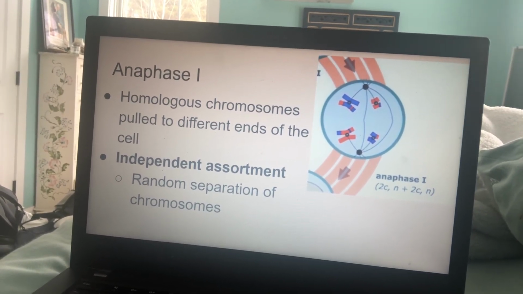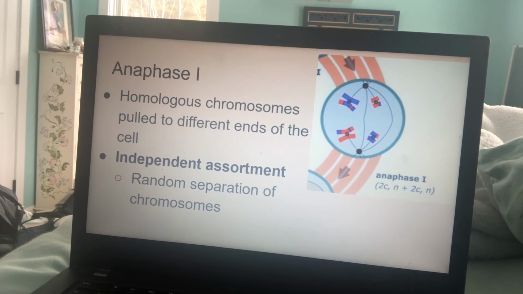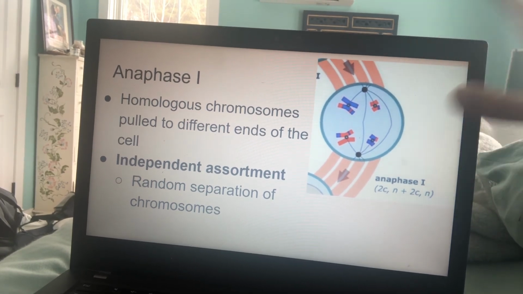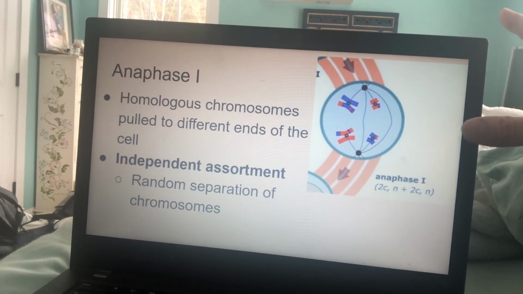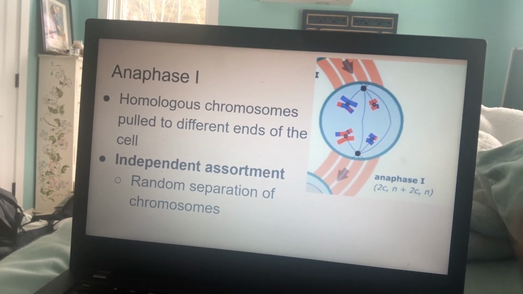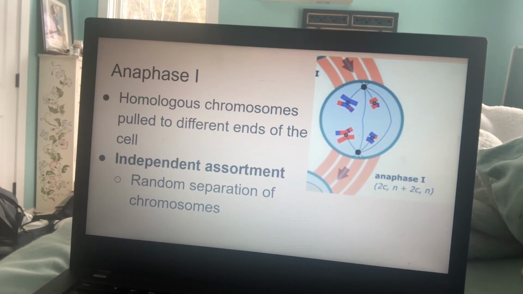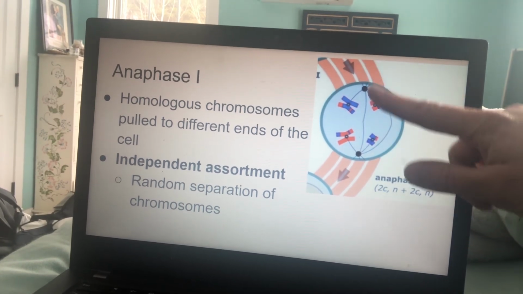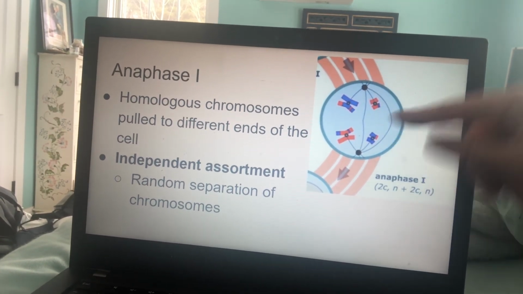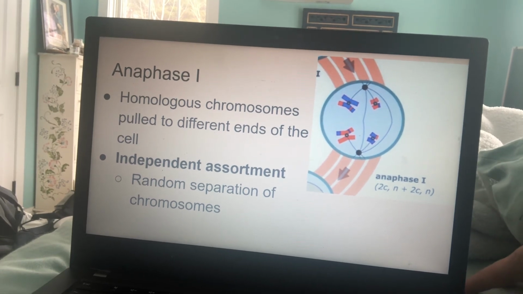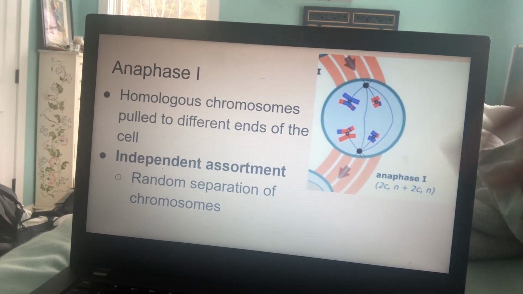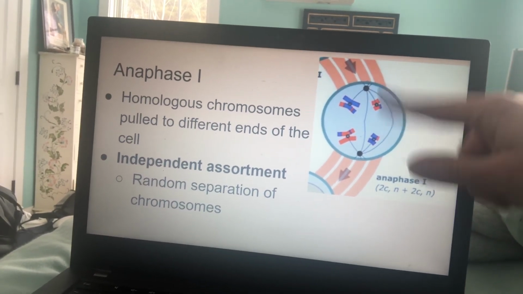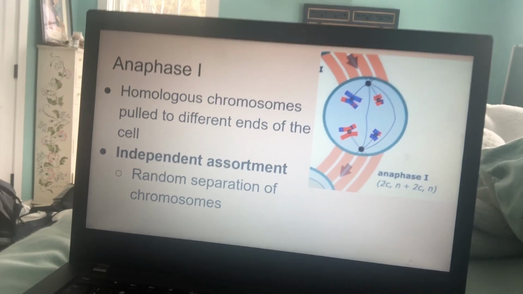Remembering those are from different parents. They can be sorted in any order. So it's random separation of those chromosomes. It's called independent assortment. This is the second place where you get significant genetic variation through this process. So this is also really important. Gotta have everybody being different.